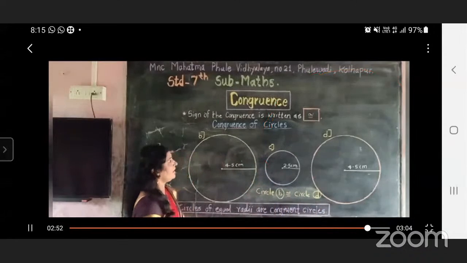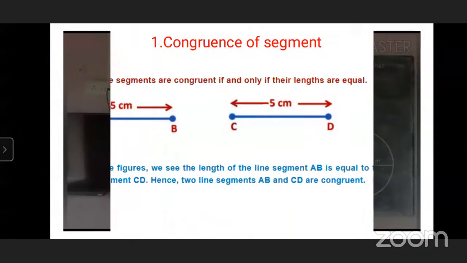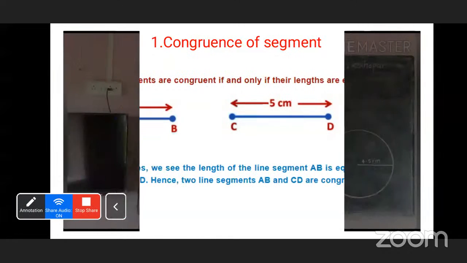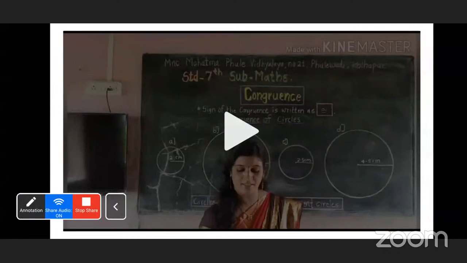Now with this point, our first chapter, geometrical construction, is over.